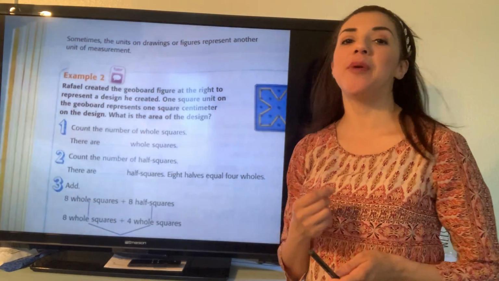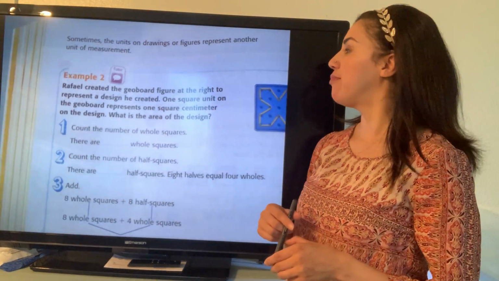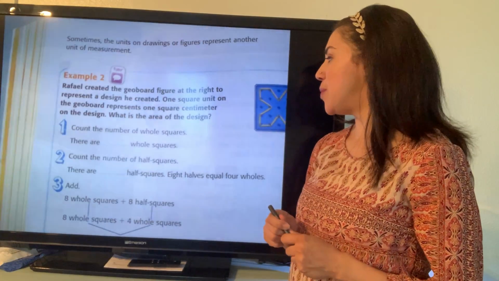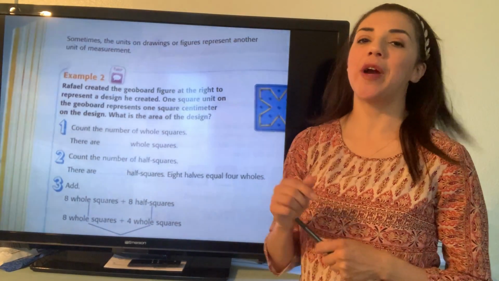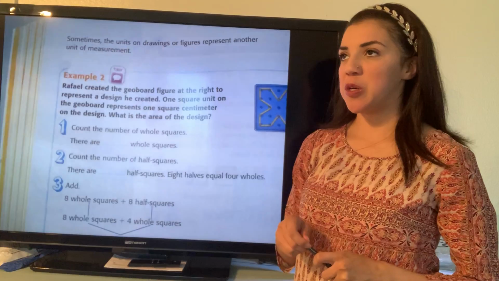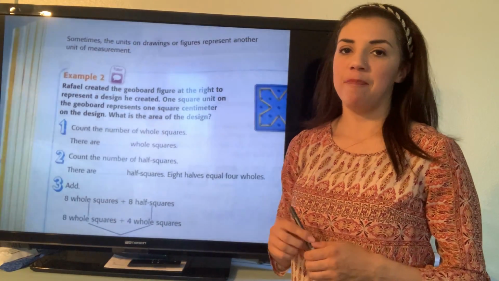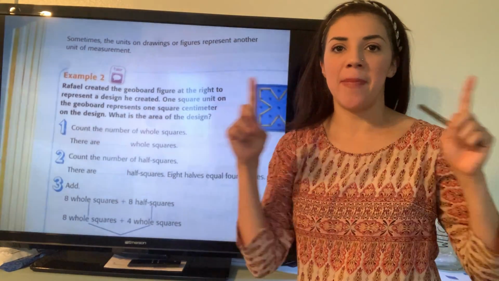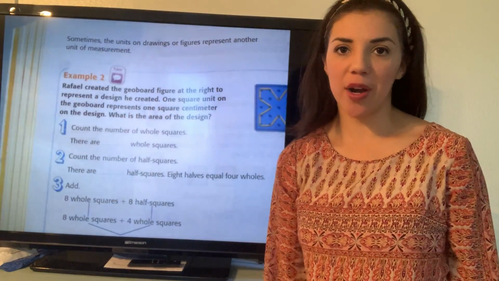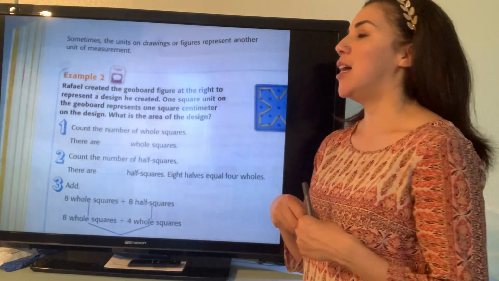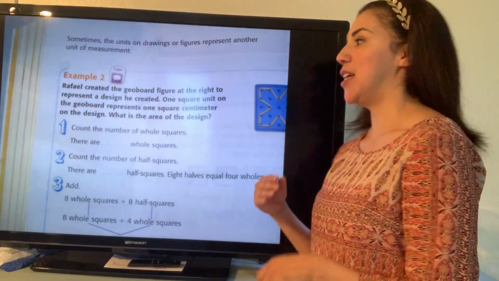And so basically what they're saying is sometimes they'll use a square unit. Sometimes they'll use squares. So it's just saying that they're going to use a different measurement for the area. And you guys will see that as we go on.